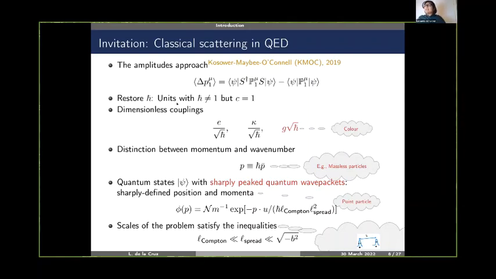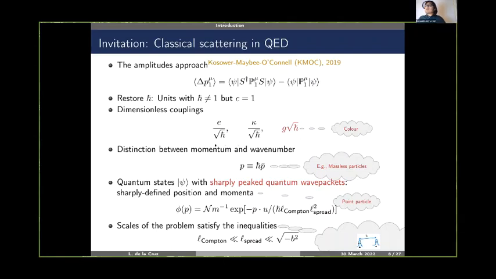To properly do that, what I want to do is restore h bars in couplings. And because I'm going to restore h bar, I'm going to be using units in which h bar is different from 1, but still keep the system relativistic, so c equals 1. One thing that I have to keep in mind is that when I restore h bars in couplings and my quantities, the dimensionless couplings are going to scale a bit differently with h bar.